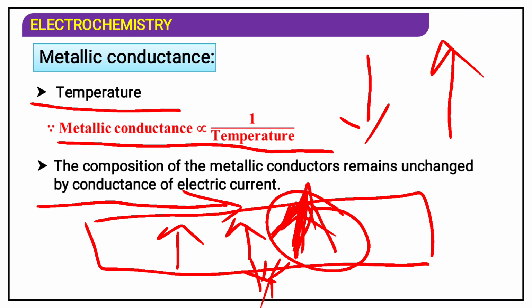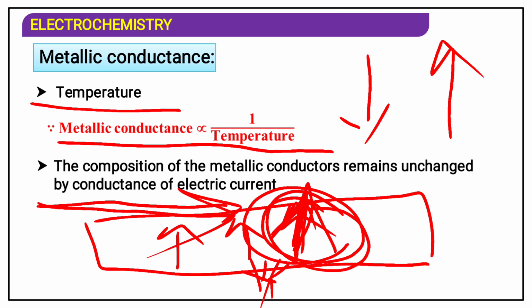undergoes vibration. When this electron undergoes vibration, it creates disturbance to the flowing of electricity.